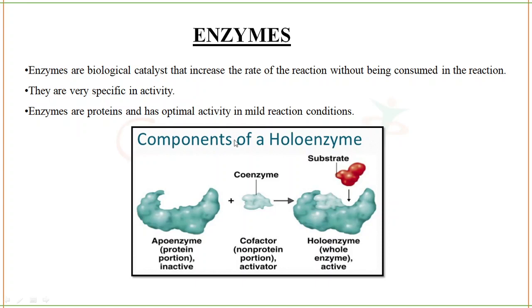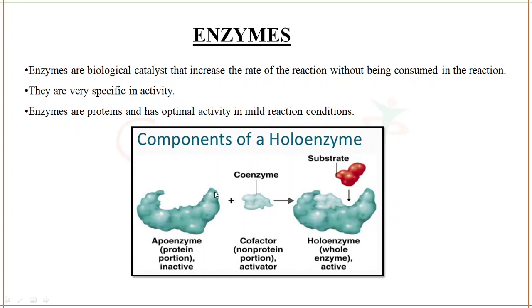Okay. So the fully functional enzyme we call a holoenzyme. Holoenzyme means fully functional enzyme. So a holoenzyme will have its components: apoenzyme and coenzyme or cofactor. Apoenzyme is the protein part of the enzyme and it is inactive.